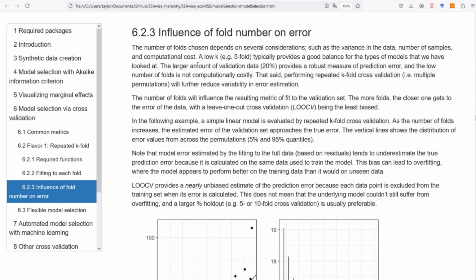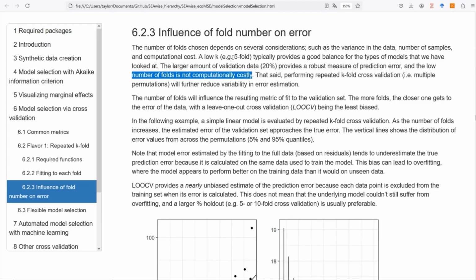You have to fit the model 30 times, and the computational cost can be a lot. A low k, such as 5, is just 5 model fittings, and it usually provides a good balance for the types of models that we've looked at in our project. So the larger amount of validation also provides a robust measure of prediction error. And the low number of folds is not computationally costly.